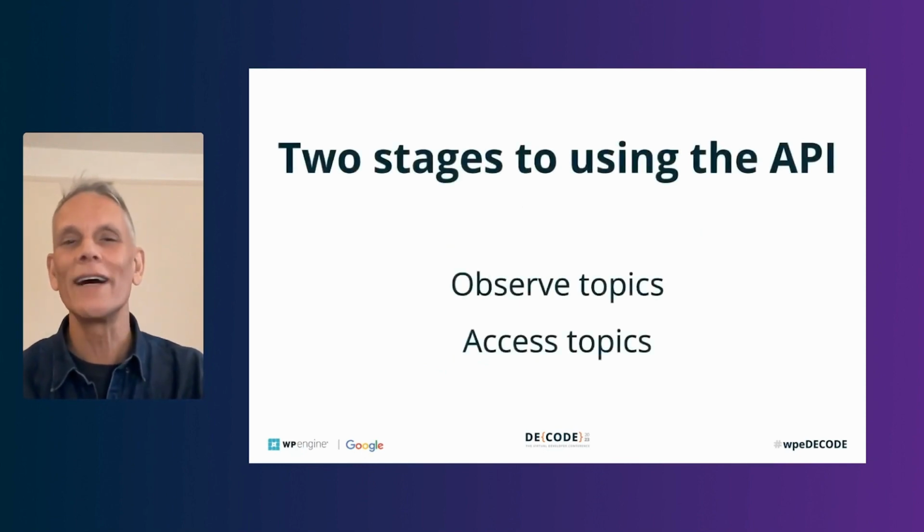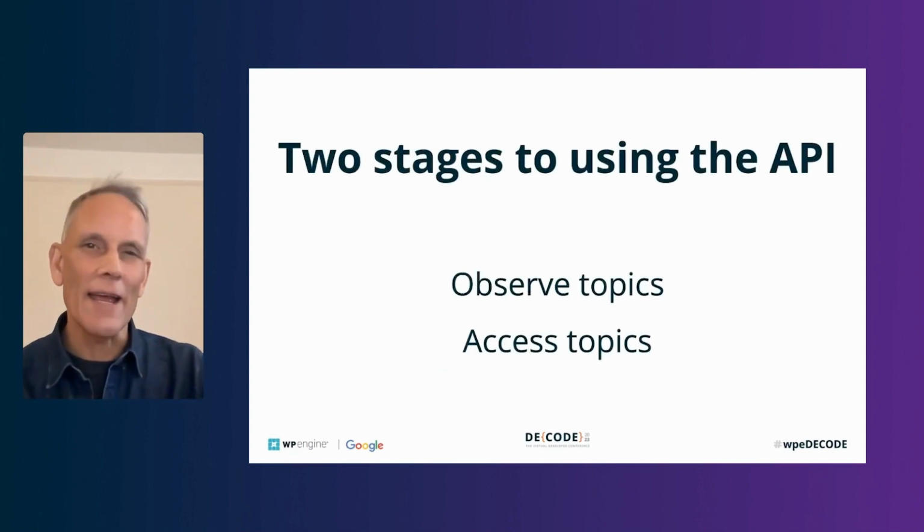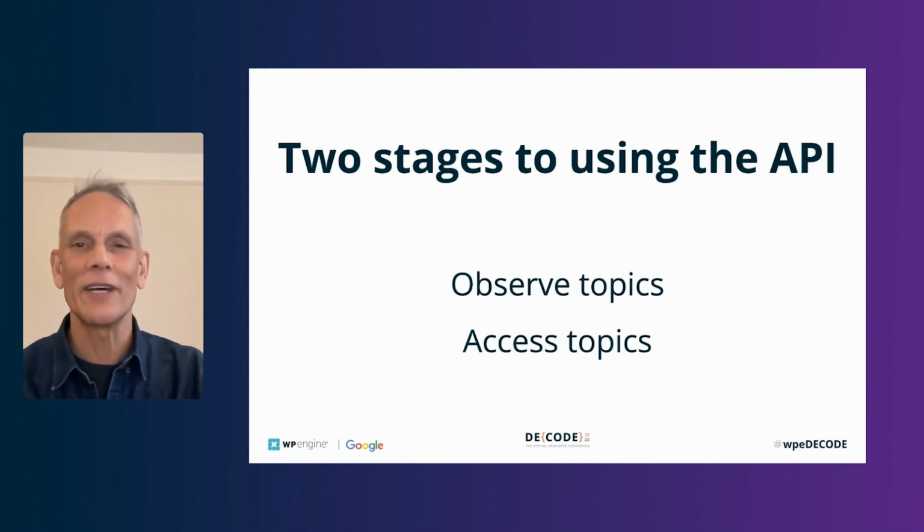An API caller, which might be an ad tech platform, for example, calls the API on a page to signal that they want to observe topics for the current page and the current user. Later, the API caller can access the topics that they observed for the user. All of this must be done without revealing anything more about the user's browsing activity other than the topics of interest that were observed.